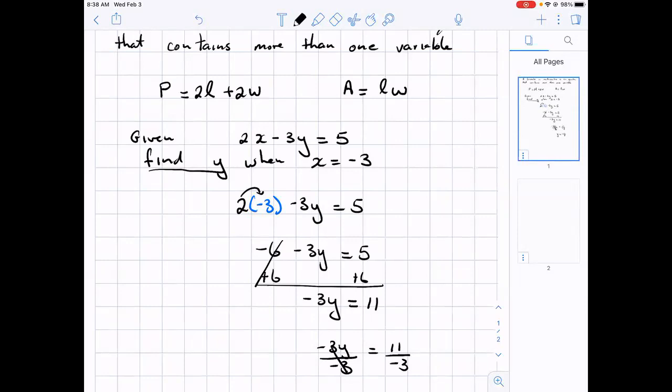There are many different formulas out there. There's the formula for the perimeter of a parallelogram, okay? There's the area of a parallelogram. There's the formula for interest rates, okay? Principal interest, simple interest. There are so many formulas.